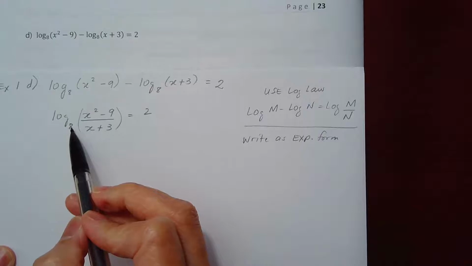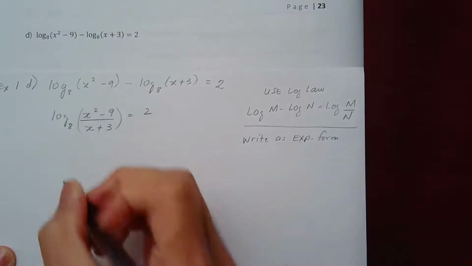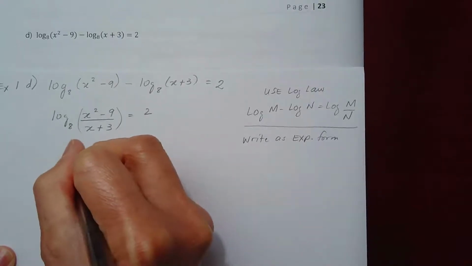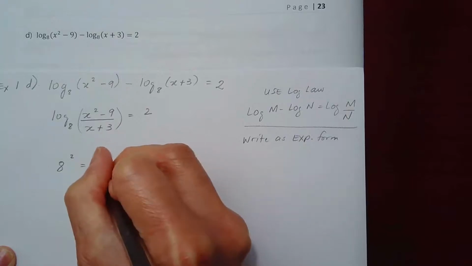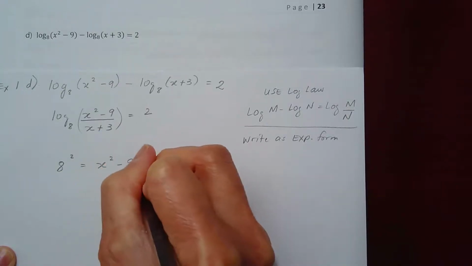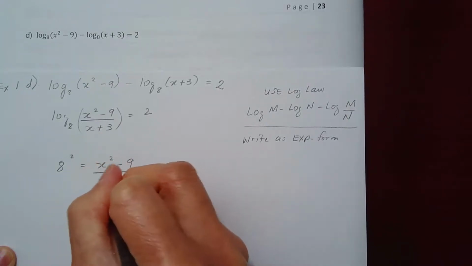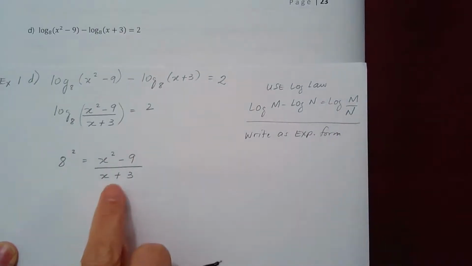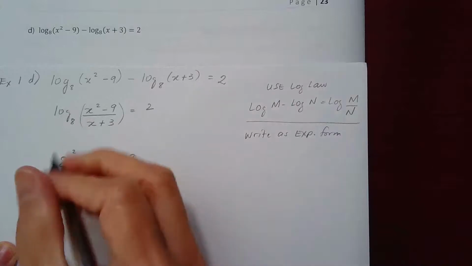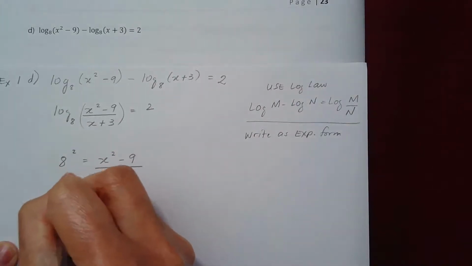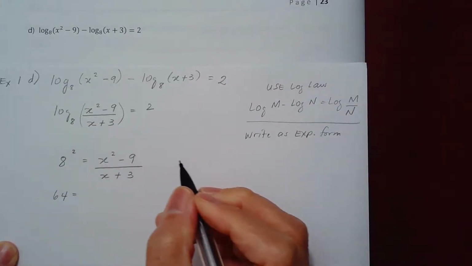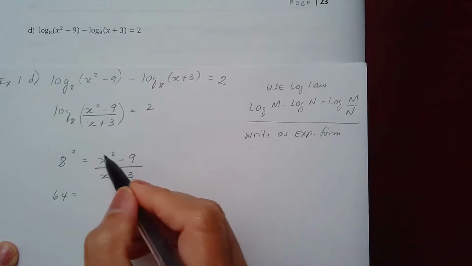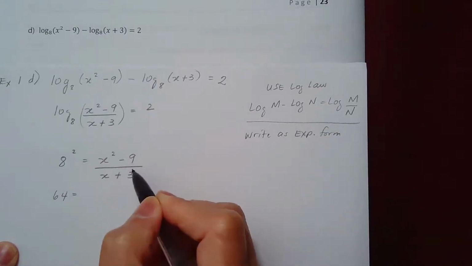It means 8 squared is equal to x squared minus 9 divided by x plus 3. Okay, so we can simplify that. So this is 64 equals x squared minus 9 divided by x plus 3.